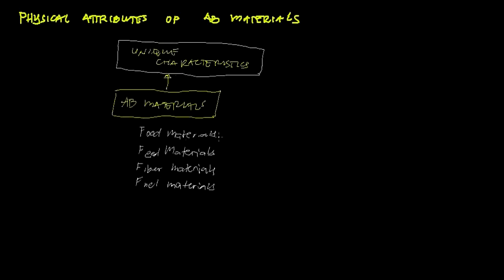For example, in food materials, the characteristics of fruits like banana are different from the characteristics of coconut, right?